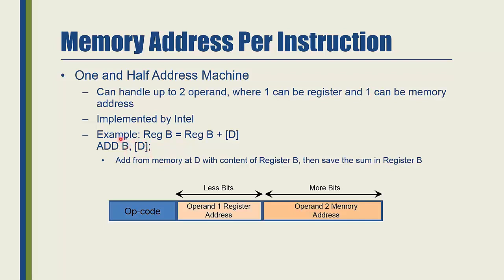Add into B and keep it in B. The reason why Intel does this is because we can keep fewer bits for the register address in operand 1, but we can keep more bits for the address of data in a memory location.